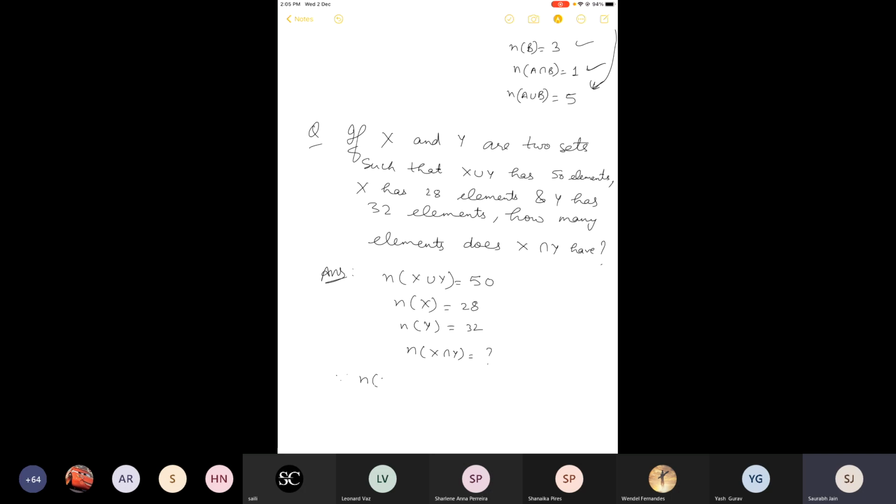Now you will write that number of elements in X union Y is equal to n(X) plus n(Y) minus n(X intersection Y). So put these values here, and then you can easily get the answer. So n(X intersection Y) will come out to be 10. 60 minus 50. So this is a direct question, okay.